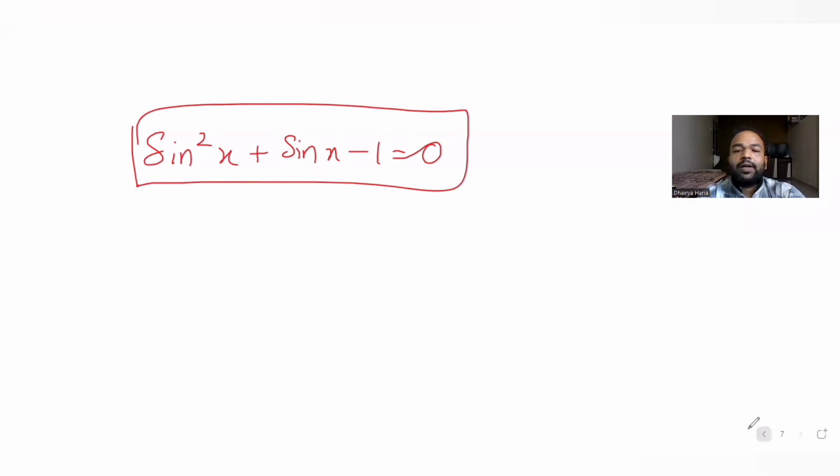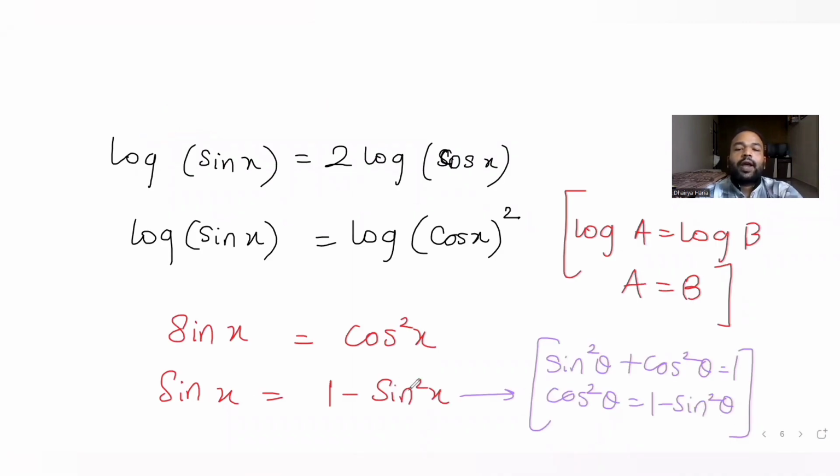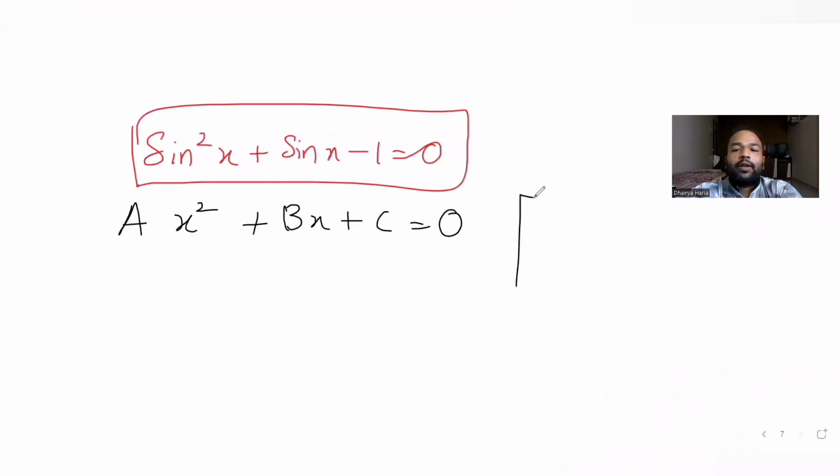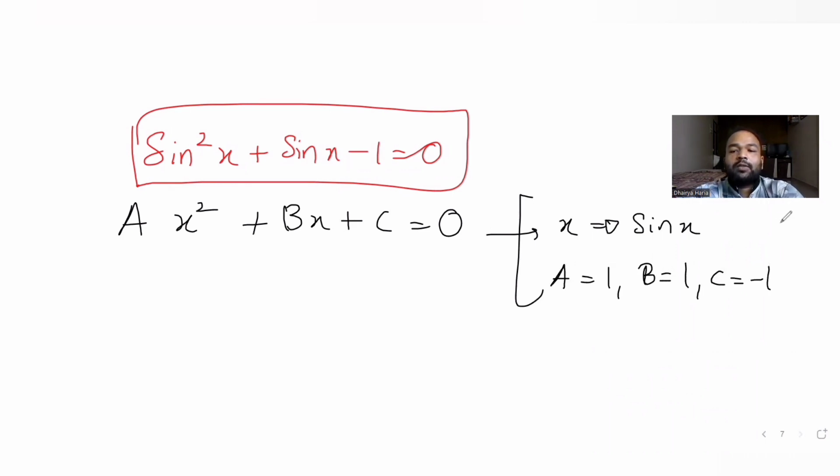So I can write sin square x plus sin x, and plus 1 if it goes on the other side becomes minus 1. Using the general form of quadratic equation ax square plus bx plus c equal to 0, where instead of x we have sin x, a is 1, b is 1, c is minus 1.